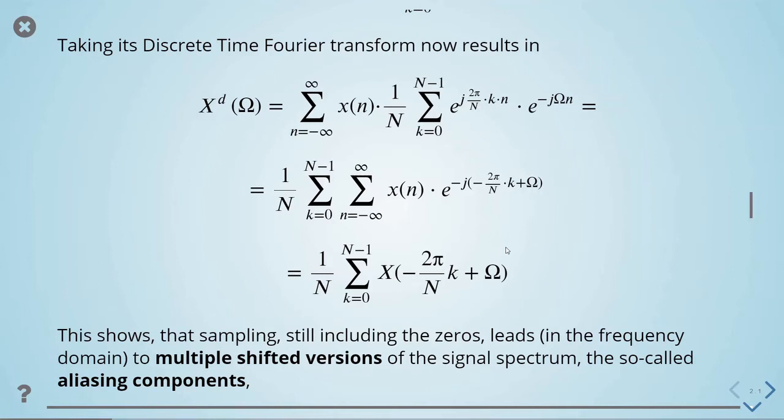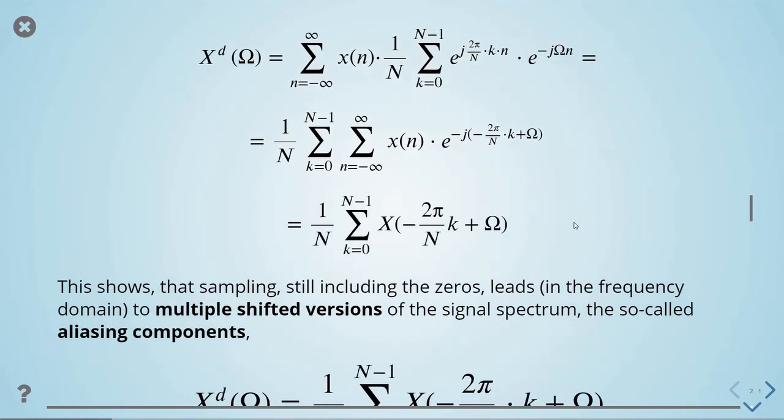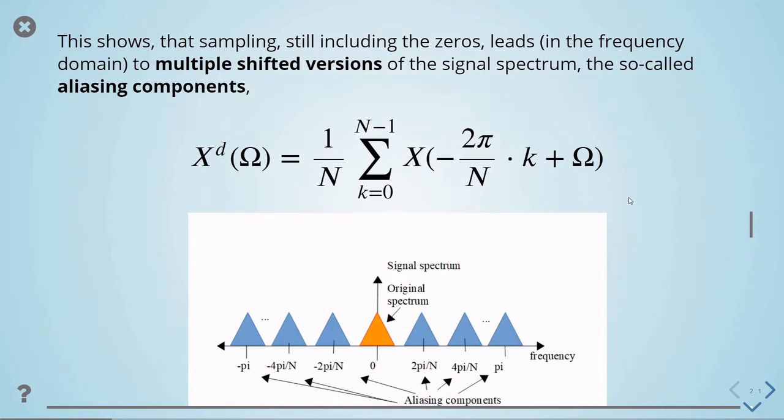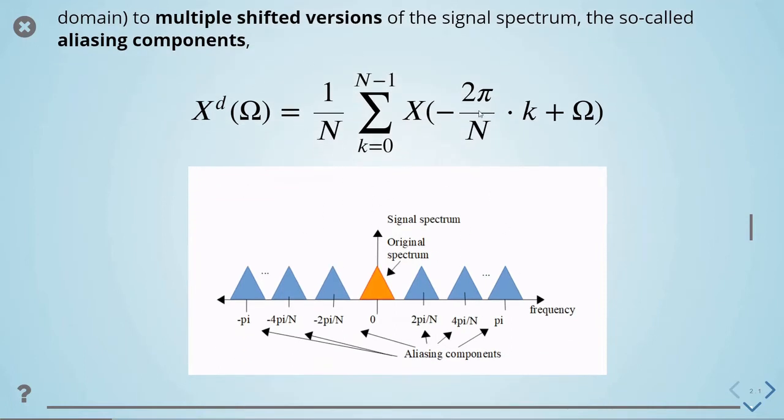So this shows that the sampling, still including the zeros, leads in the frequency domain to multiple shifted versions of the signal spectrum. So we can also call these multiple shifted versions of the signal spectrum aliasing components. So this is a graphical visualization of what is indicated here.